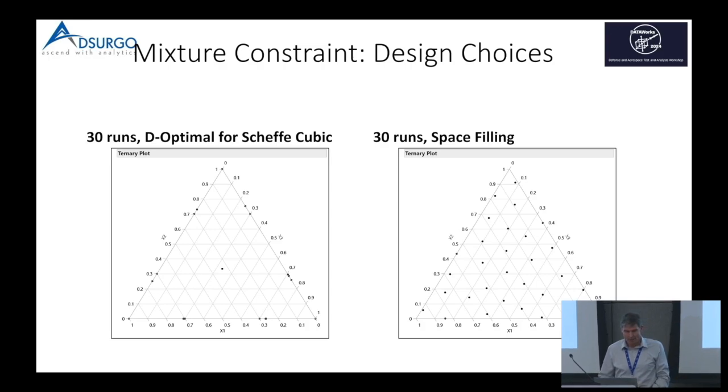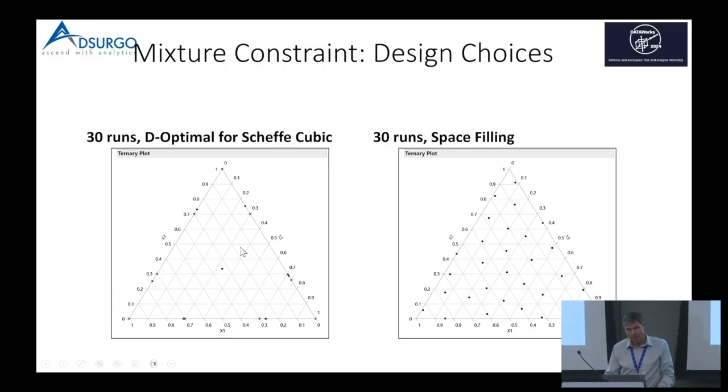Okay, so not necessarily at 100% of one and 0 of the others, but also it's not going to do much on the interior. So we find that more often than not, you'll want to do some space filling components in a mixture model. Because often what we're trying to do is find the optimal blend, right?